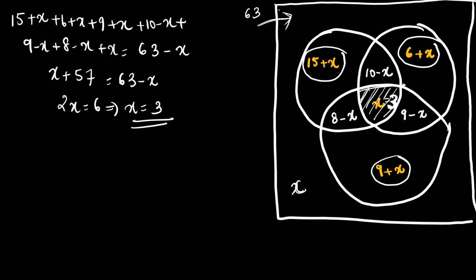Here we know that x is 3, therefore this is 18, this is 9, and this is 12. Therefore the students studying one of the three subjects is 18 plus 9 plus 12, that is equal to 39.